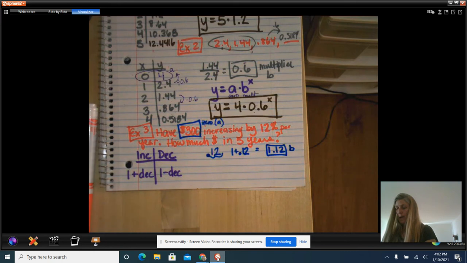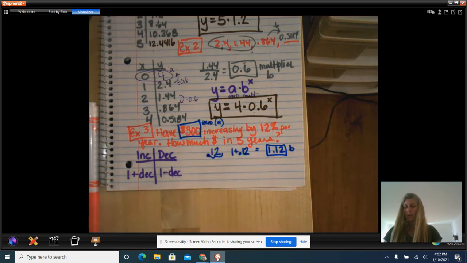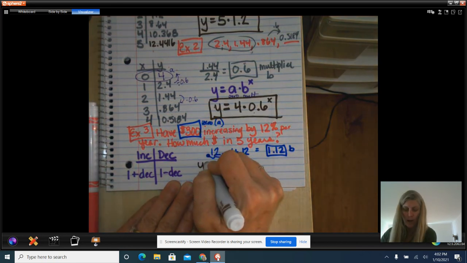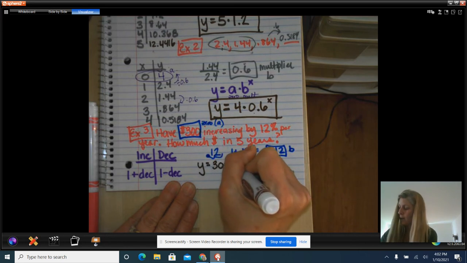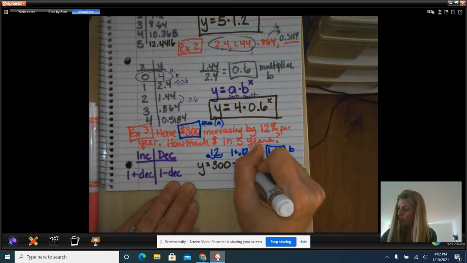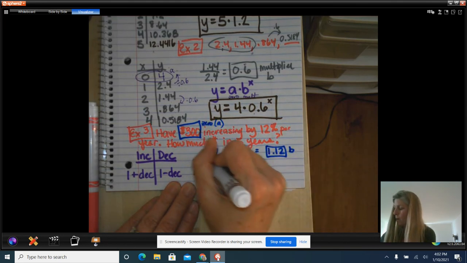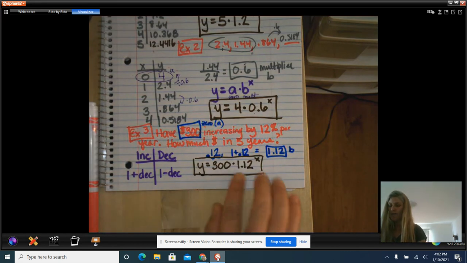At this point, we can go ahead and make an explicit equation for our problem because we have two pieces of information we need. We have our zero and our multiplier. So our equation is going to be y is equal to our zero, which is 300, times our multiplier, 1.12 to the x power. Now, the question asked me, how much money will we have in 5 years?